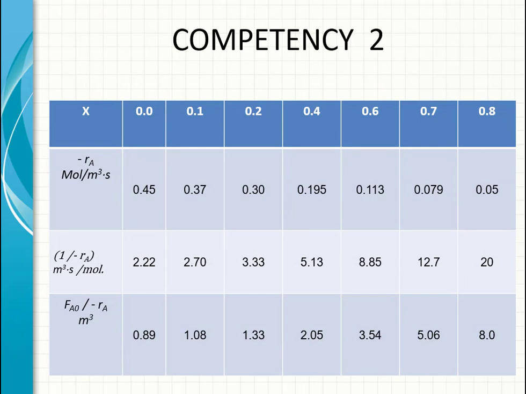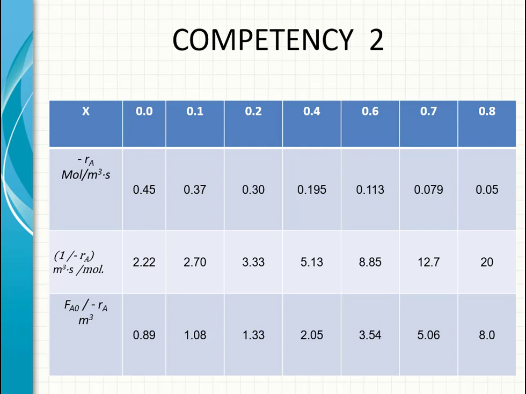We have 4 rows. In the first row, we have the conversion X that goes from 0.0 to 0.8. In the second row, we have the rate, minus rA, in moles per cubic meter second, which at 0.0 conversion is 0.45, and at 0.8 conversion is 0.05.